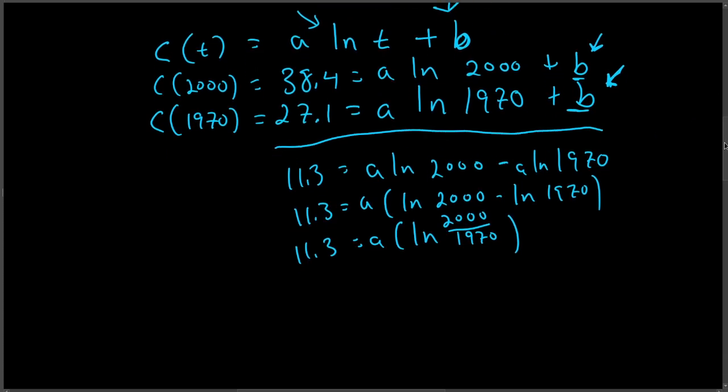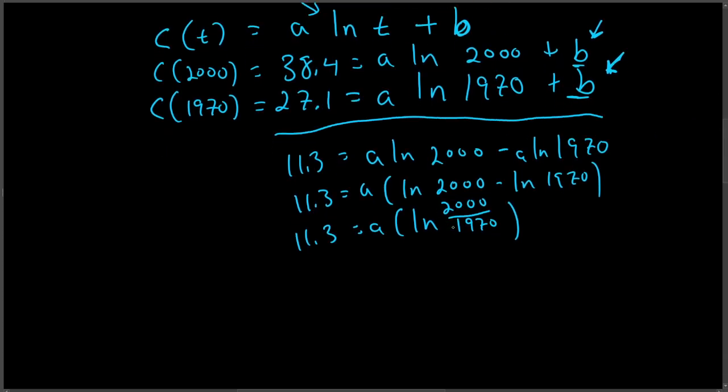And it's this ratio that really is driving my coefficient, using this as my year model. Again, if I scale my years, this ratio changes, my a coefficient changes, but it should scale with the data. And so now I solve for a, so 11.3 divided by whatever my calculator spits out for this, which is approximately 748 for a.